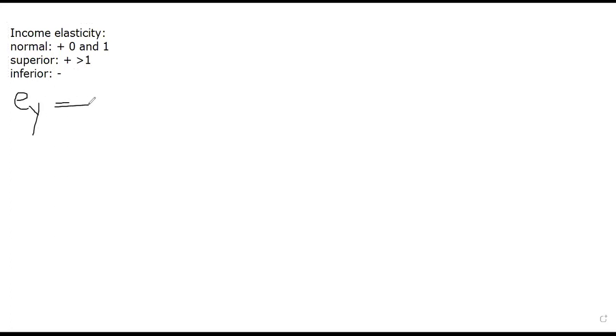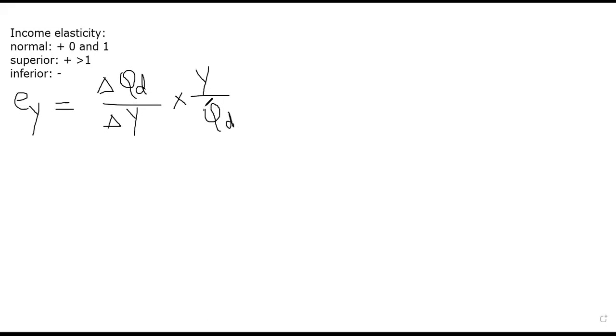Income elasticity is EY, where capital Y stands for income. Same equation, only you are changing the factor that causes demand to change: delta QD by delta Y into initial income divided by initial quantity demanded.